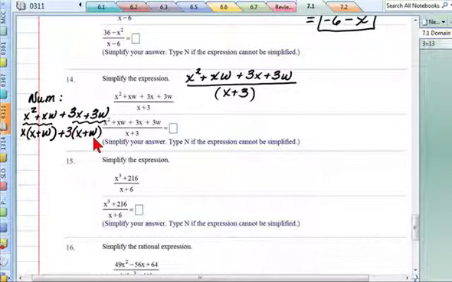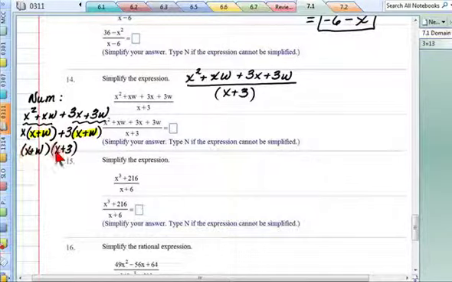Is this working out okay? Do you see an x plus w and an x plus w? Okay, so I will write it down in front, x plus w, and what's the other factor? X plus 3. So I'm going to take this and put it as my numerator.